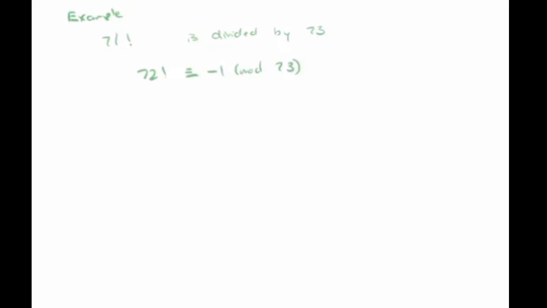Then this means that 72 times 71 factorial is congruent to -1 mod 73. And 72 is just -1 mod 73. So if we multiply both sides by -1, we see that 71 factorial is congruent to 1 mod 73.